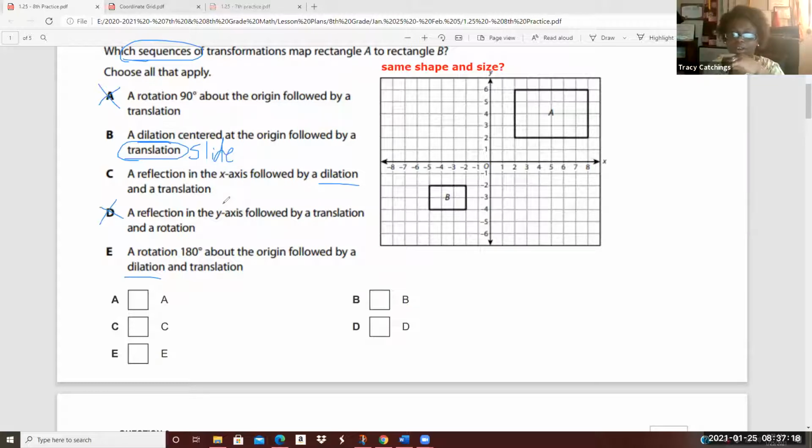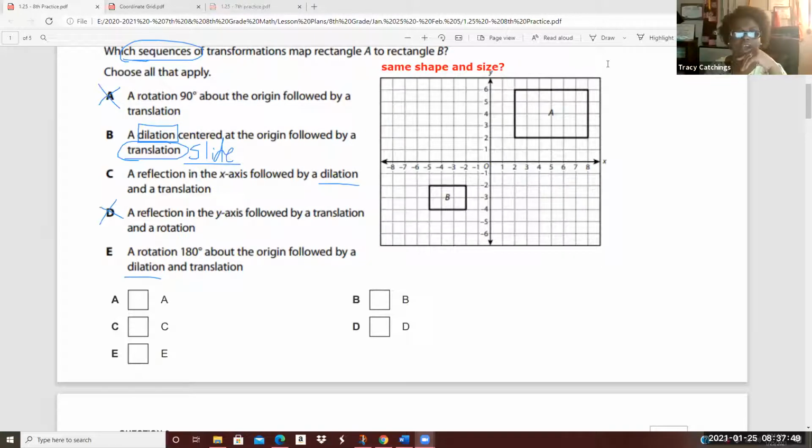Listen, you laughing, but that's one way I can remember translation. I think of the cha-cha slide. Could the figure get larger or smaller, and could I slide it? Got some funny looking faces.